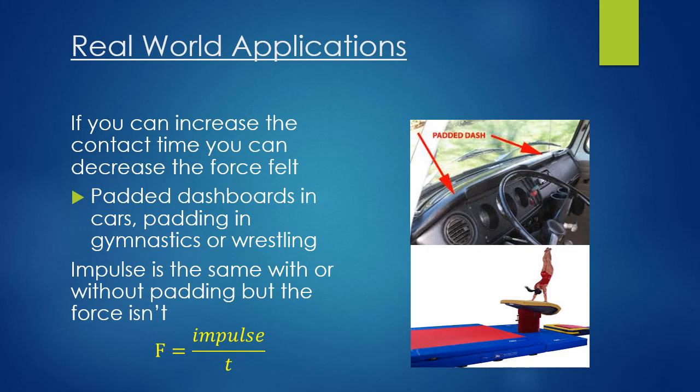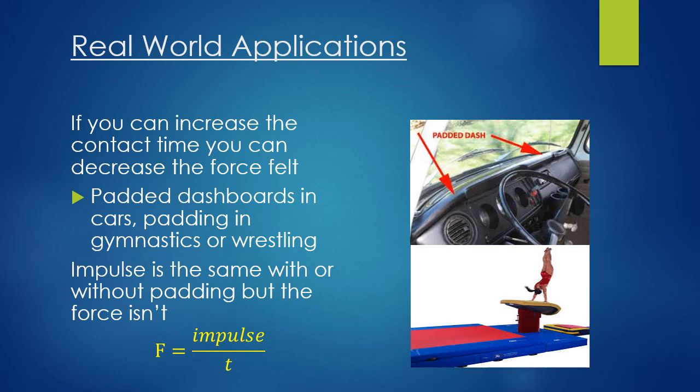Because by applying that padding, what you're doing is when someone gets in an accident and they hit their head on the dashboard, it's increasing the contact time of their head on that dashboard because their head has to go through all those layers of padding before it hits the harder surface. So their contact time with the dashboard goes up, and this means that the force they feel now is going to go down, opposite direction. It's going to lessen their injuries.